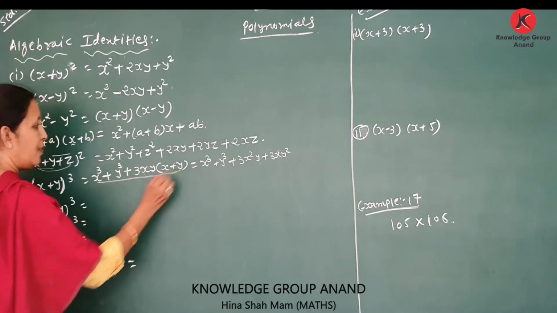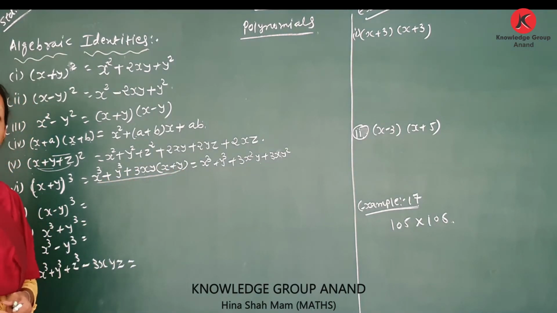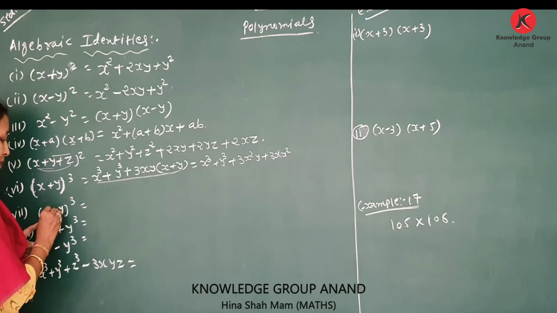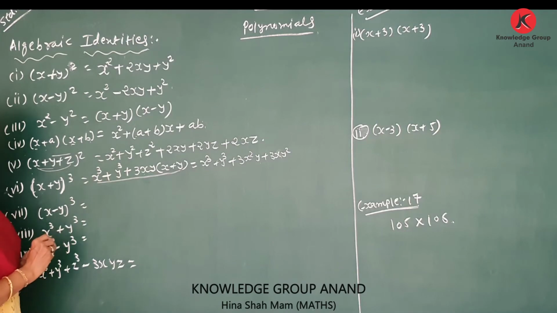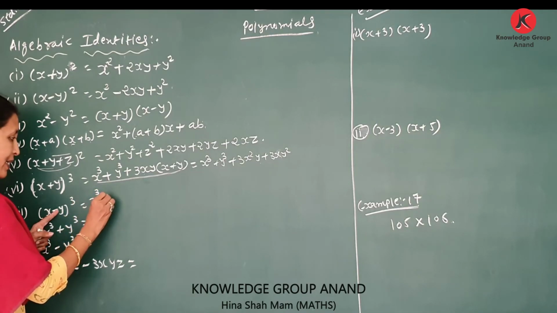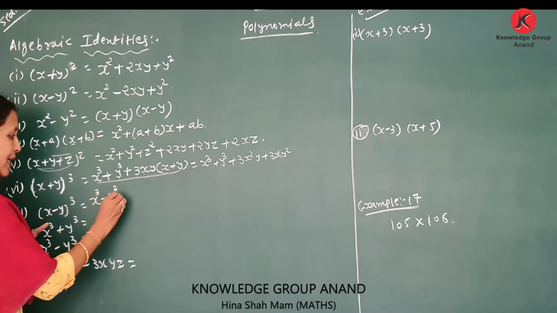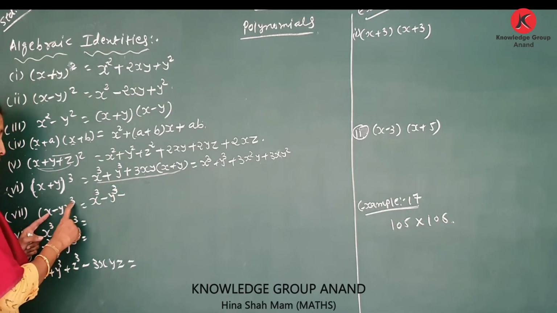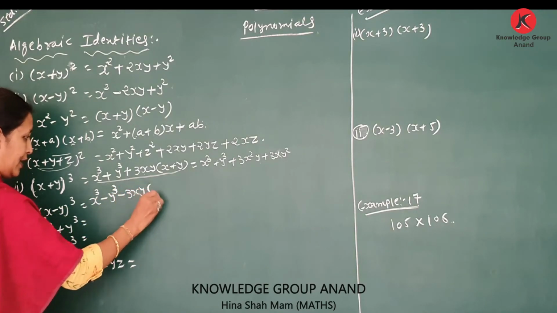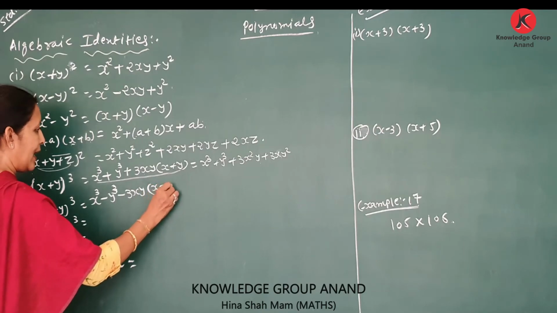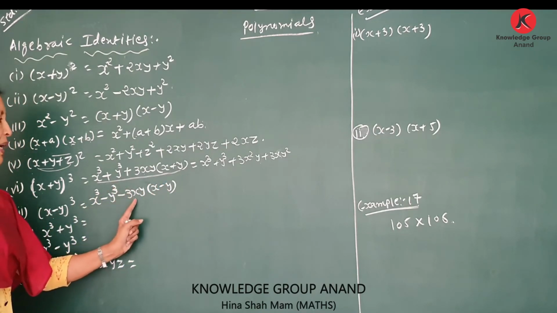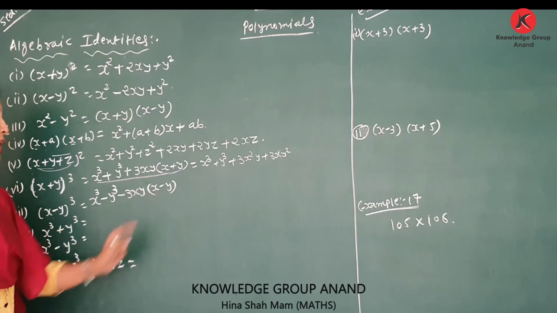x cube plus y cube plus 3xy into (x plus y). Same here, now here is the minus sign, then we put the minus sign in all terms: x cube minus y cube minus the multiplication of these three terms, 3xy into bracket, the bracket is (x minus y). x cube minus y cube minus 3xy into (x minus y).